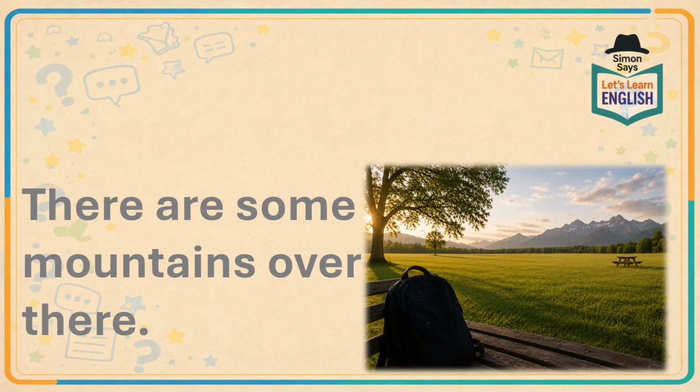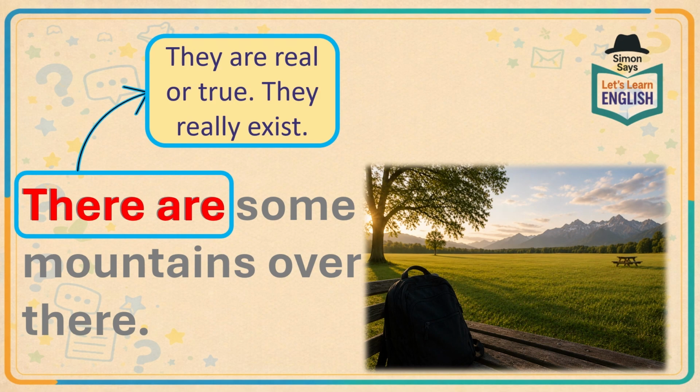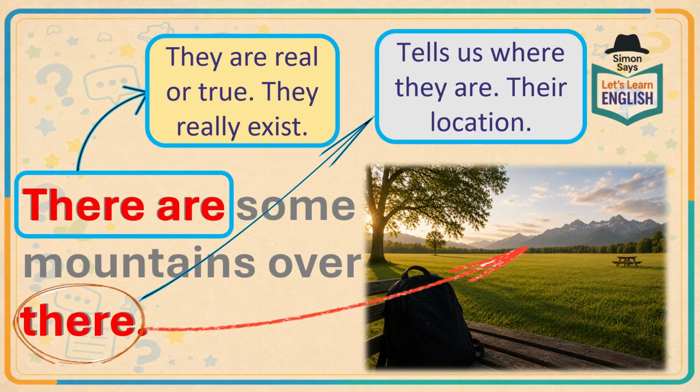Firstly, we've used there to tell us that these mountains are real. They really exist. Secondly, we've used there to tell us where the mountains are, their location. So there are some mountains over there.